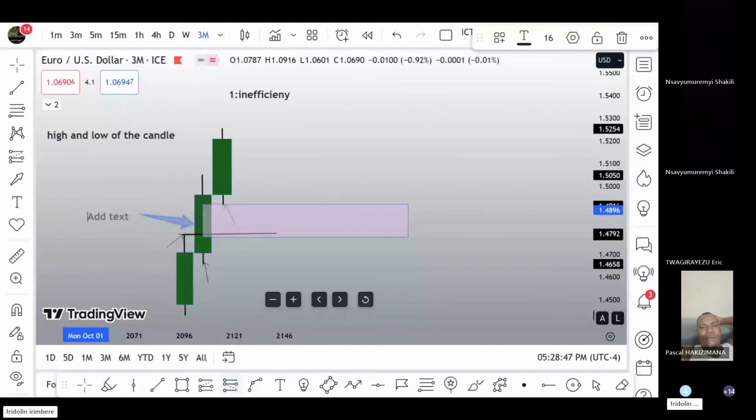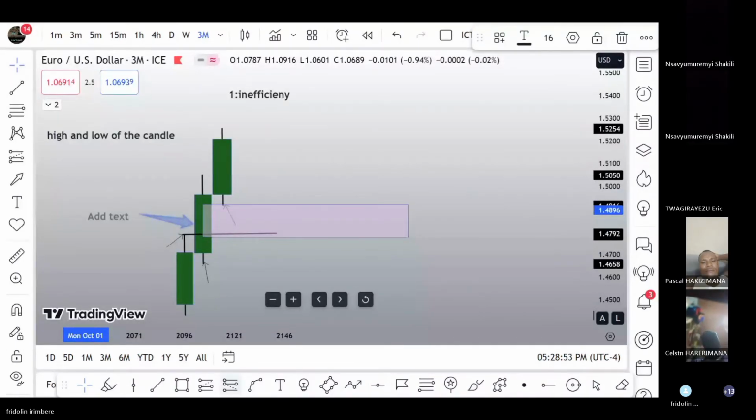Ni body ya candlestick iba yasigaye iri itabaye traded through. Ni kuvuga iyi niyo twita inefficiency. Canke inefficiency canke imbalance.